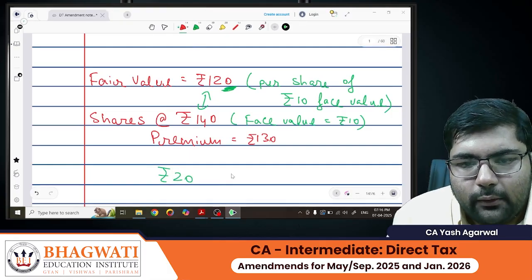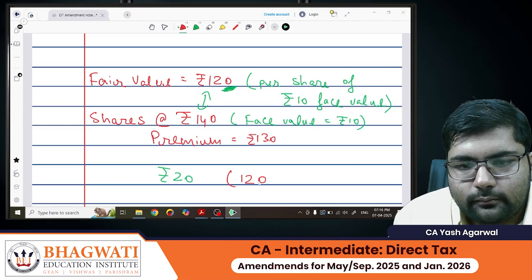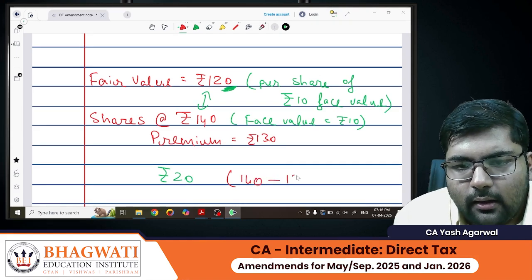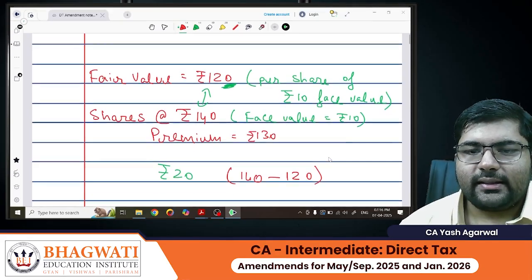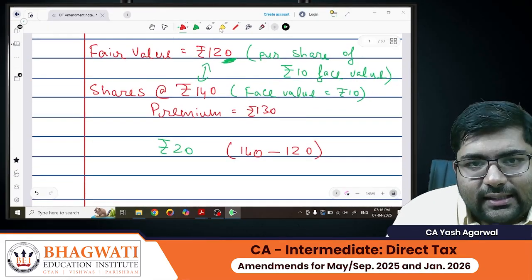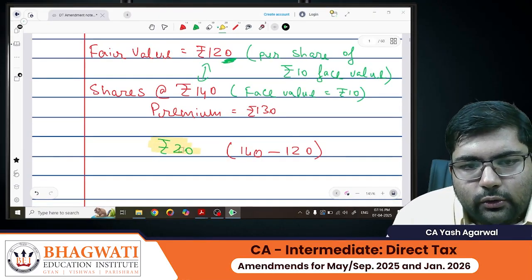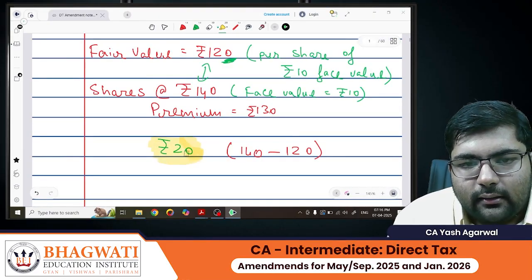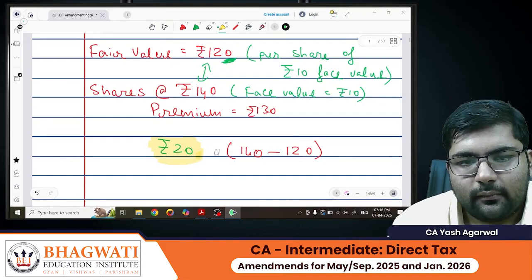How did we get this? 140, the issue price, minus 120, the fair value, that is the excess charged by the company. This rupees 20 used to be treated as income of the company.